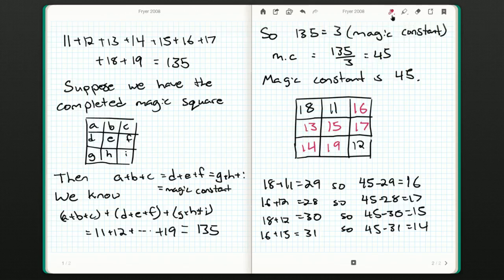And we'll just explain those two. 18 plus 14 is 32. 45 minus 32 is 13. And 19 was left over.